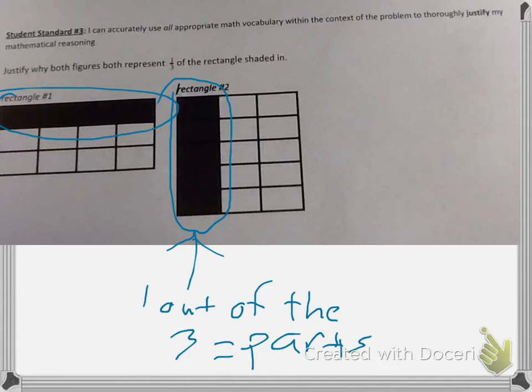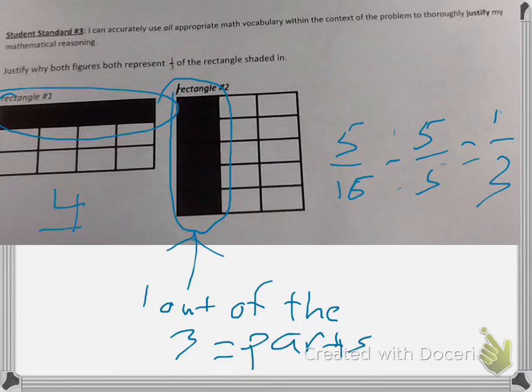The other thing to think about too is how many parts there are total. In rectangle number 2, if I count them up, there would be 15 total parts and 5 are shaded. Well, we can divide 5/15 by 5/5 and that will equal 1/3. Likewise, in rectangle number 1, 4 parts are shaded out of the total 12, which you can divide by 4/4, and that equals 1/3.